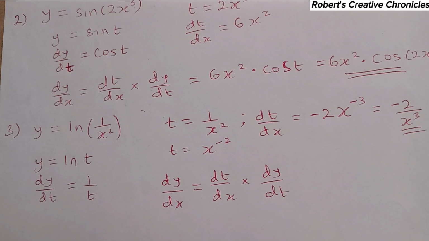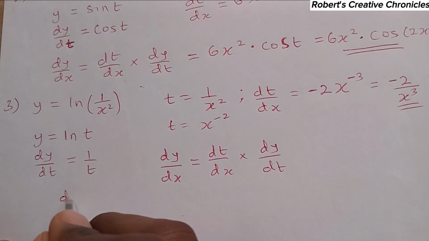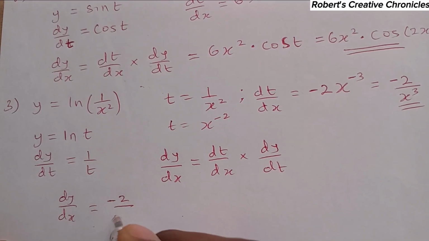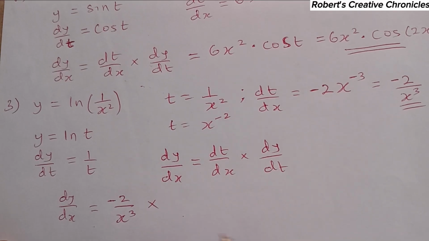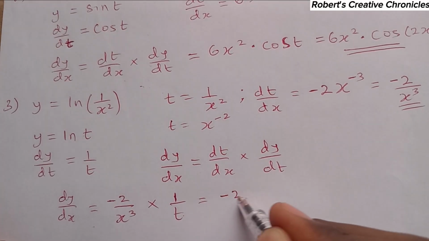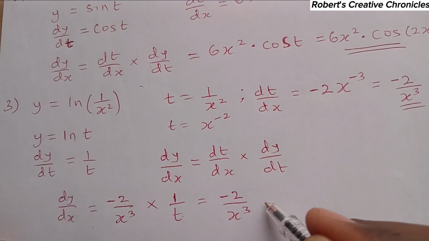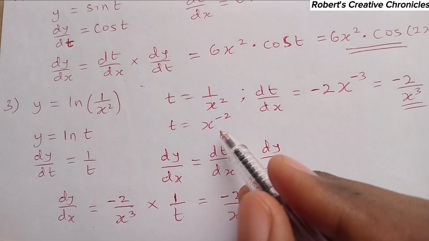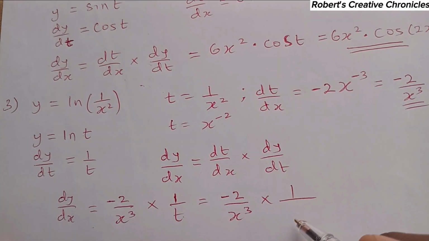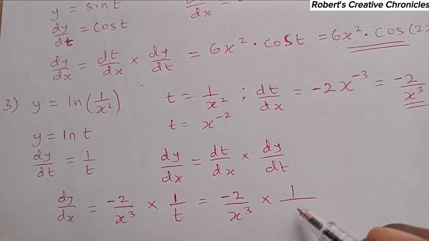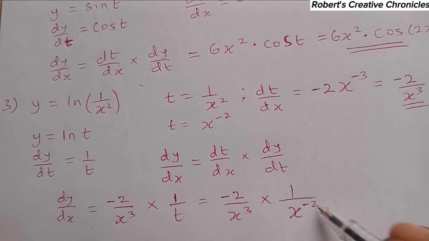So this will become dy over dx is equal to what? Where is dt over dx? It's negative 2 over x cubed. Negative 2 over x cubed times dy over dt, which is 1 over t, which is equal to negative 2 over x cubed times 1 over what's t? t is 1 over x squared. So we can write this as a substitute of 1 over x squared because they are the same thing. They become x to the power of minus 2.